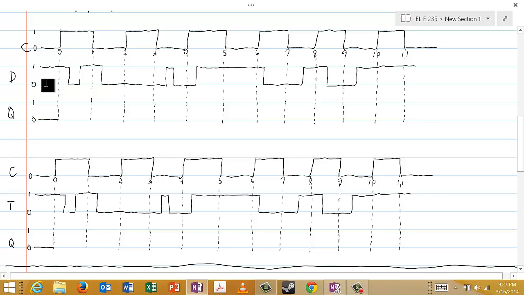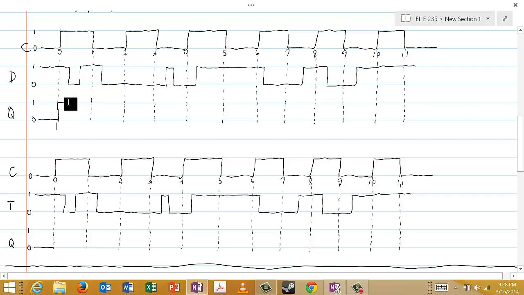Now remember, for a D flip-flop, the next value of Q will always be determined by the present value of D at the moment of the triggering. So at the moment of this first triggering event, the first positive edge, D is equal to 1. And therefore, at that moment, the output Q is going to go to 1. So we'll make this change here.